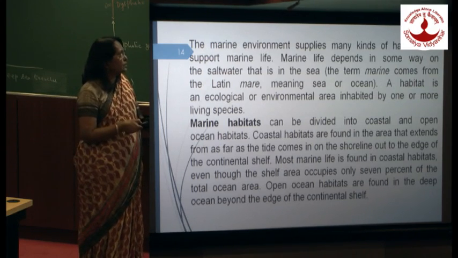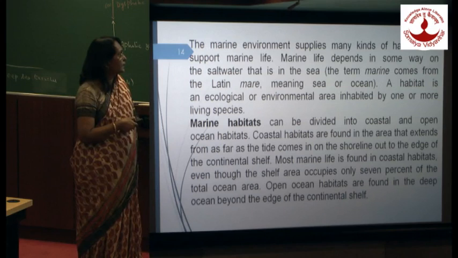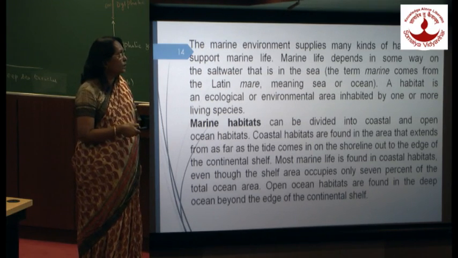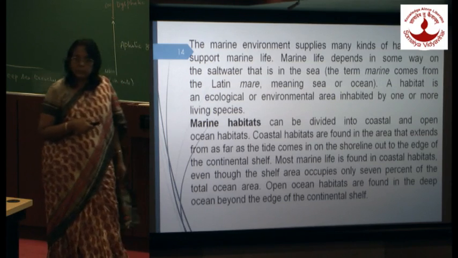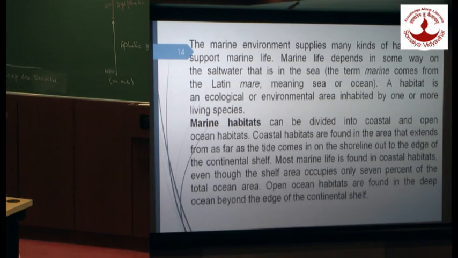Now, most marine life is found in coastal habitat, even though shelf area occupies only 7% of the total ocean area. What does that mean? It means that your continental shelf area has variety of animals than in the oceanic zone. Alright.